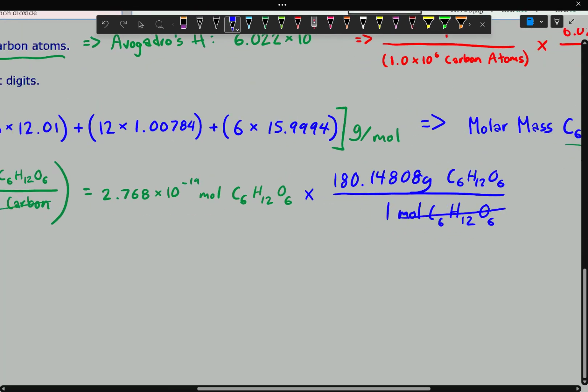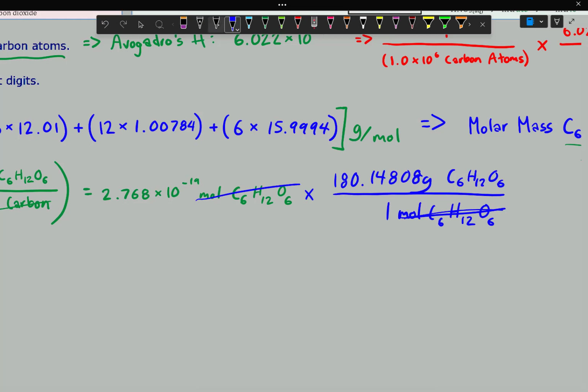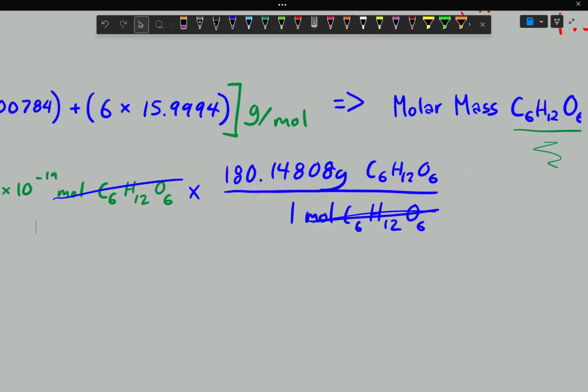Then the moles of glucose, right? Those units cancel, and we are left with 180.14808 multiplied by the moles of glucose.